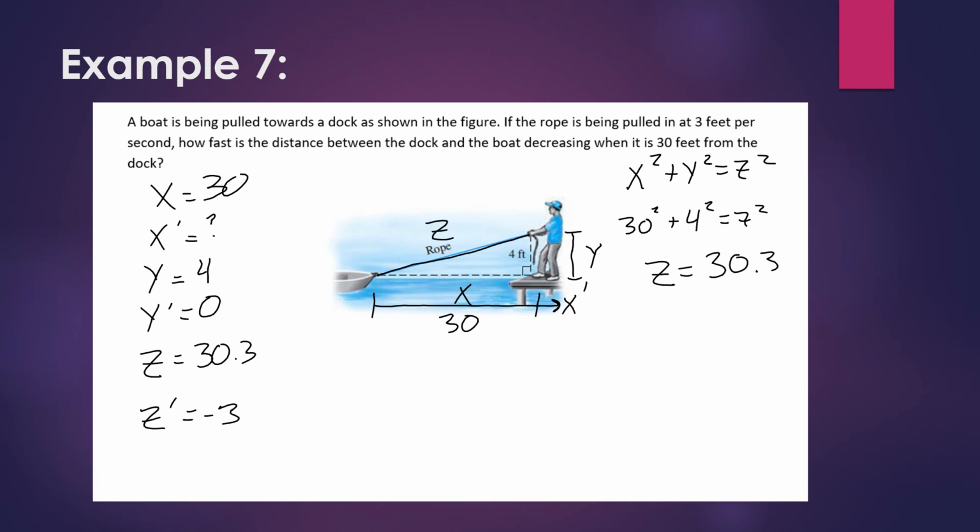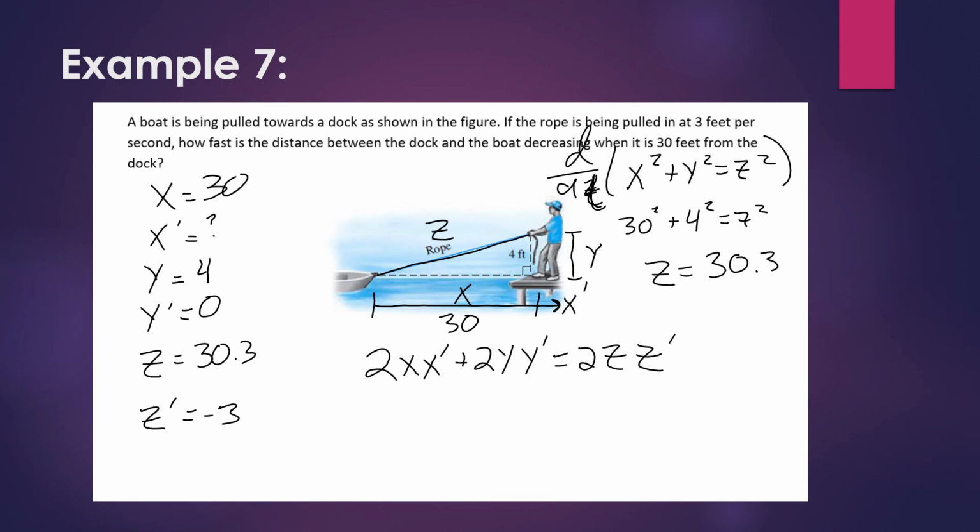And if I'm trying to find x prime, it means that I'm going to take this relationship here and take its derivative, d dt. We're taking the derivative with respect to time. If I do that, I'm going to get 2x x prime plus 2y y prime equals 2z z prime.